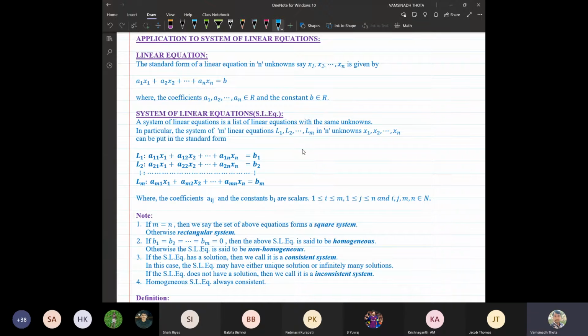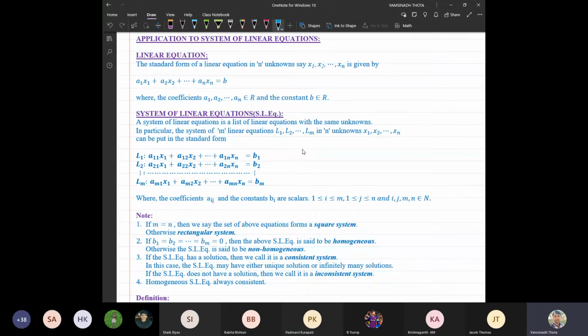Okay, before that, let us see each and everything. Suppose the standard form of a linear equation in n unknowns, here I am assuming the unknowns are x1, x2, x3, and so on xn, is given by a1 x1 plus a2 x2 plus and so on an xn is equal to b, where the coefficients of the unknowns, the ai's, and the constant term b all are scalars.